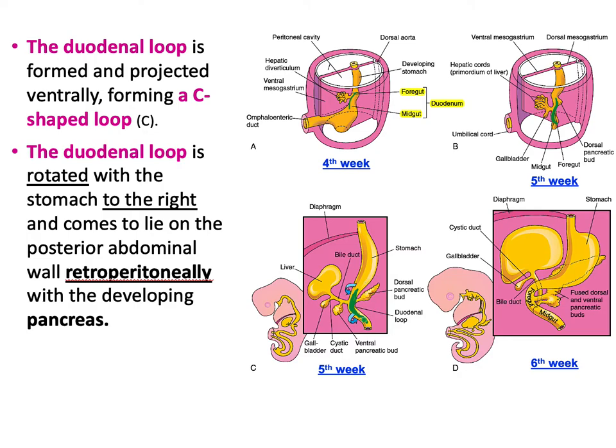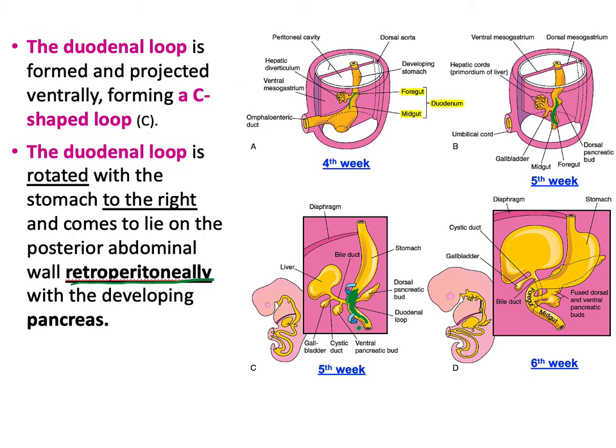Now the duodenal loop is rotated with the stomach to the right. You see the direction is clockwise, and it now comes to lie on the posterior abdominal wall behind the peritoneum. That's why it's mainly a retroperitoneal structure, except for the first part of the duodenum.